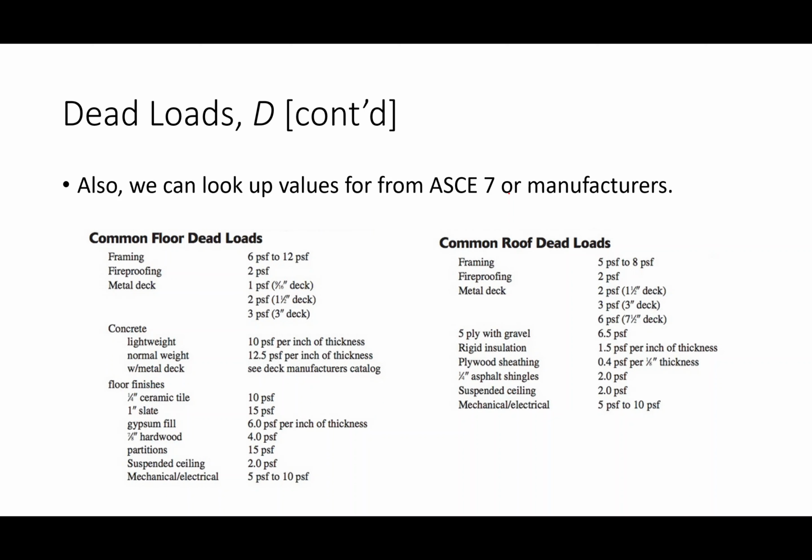If not, you can probably look that up in ASCE 7. ASCE 7 has oodles and oodles of tables, like here's a unit weight for masonry, here's a unit weight for tile and linoleum and all that stuff. So anything that's permanent, that's not going anywhere. We have common dead loads: floor finishes, concrete, metal deck, fireproofing, the framing itself. You just add it all up. That's dead loads.